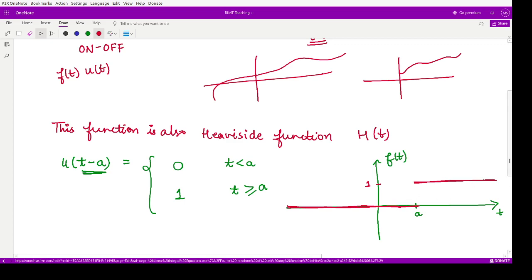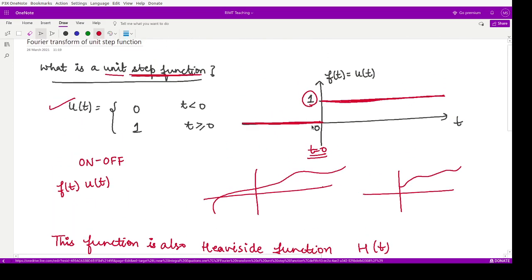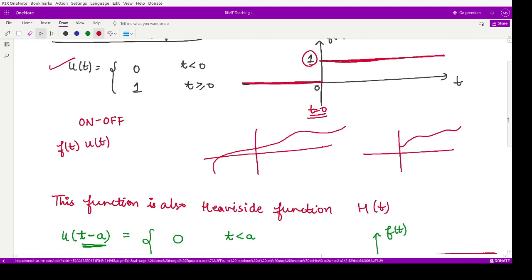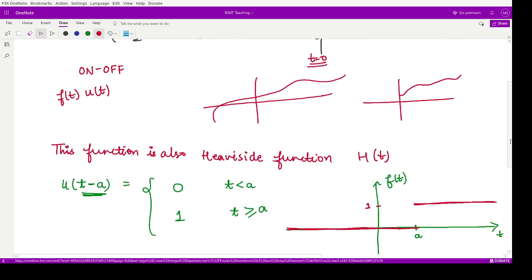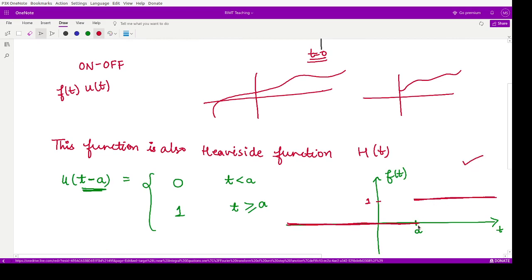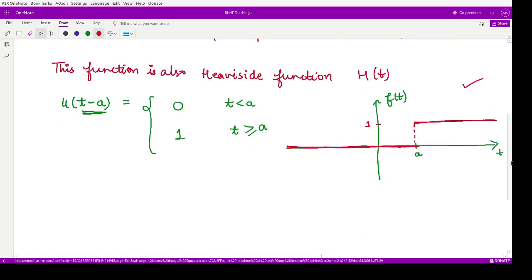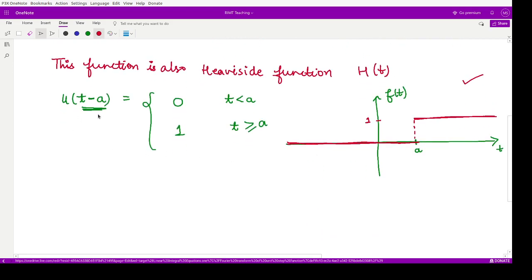So your function has now been displaced on the right hand side by a units. And at the point t equal to a, we have a discontinuity. So this is the unit step function displaced by a units.